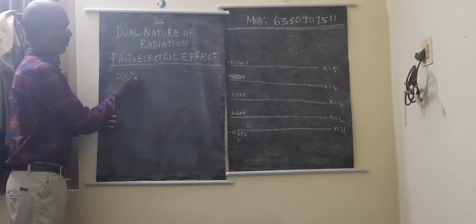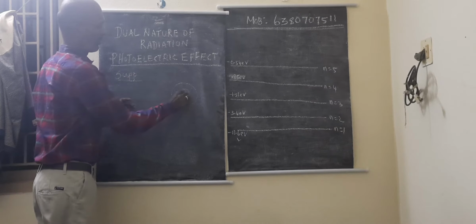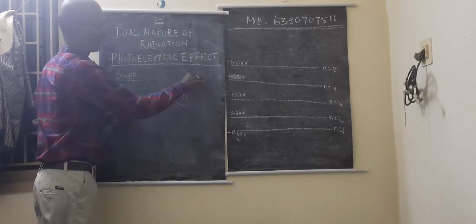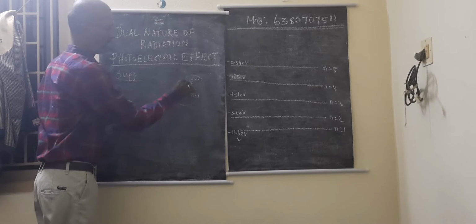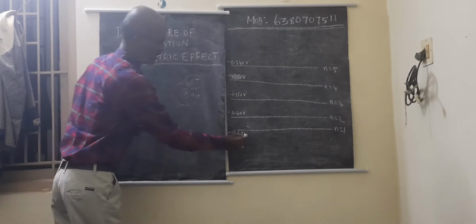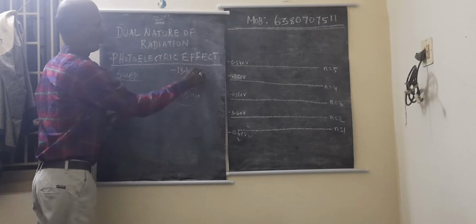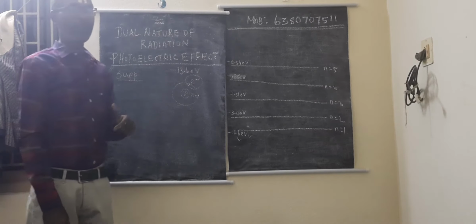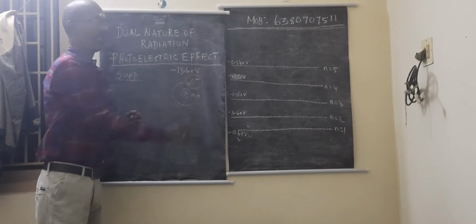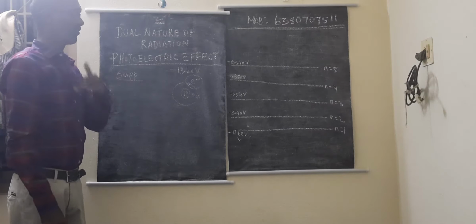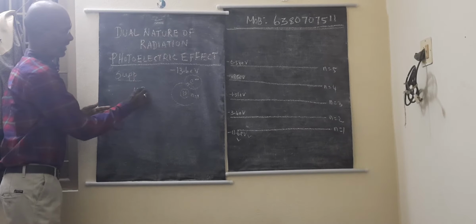Suppose I am considering a hydrogen atom. For a hydrogen atom, there will be one proton and one electron only. At level n is equal to 1, this electron will have an energy equal to minus 13.6 electron volt. Suppose we supply plus 13.6 electron volt, we can remove the electron from this hydrogen atom. Suppose we are supplying an energy equal to 15 electron volt.